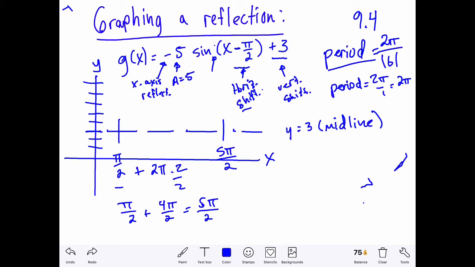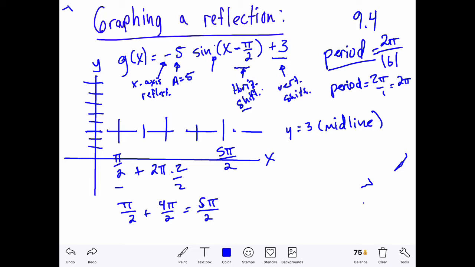How do I find my... Well, I have to take it and break it into 4 equal parts. And notice I'm doing this along my midline and not my x-axis, because I've shifted it up by 3. Okay, so I've got my starting value of pi halves, and I know where it finishes, 5 pi halves, because I added 2 pi to it, which was my period length.